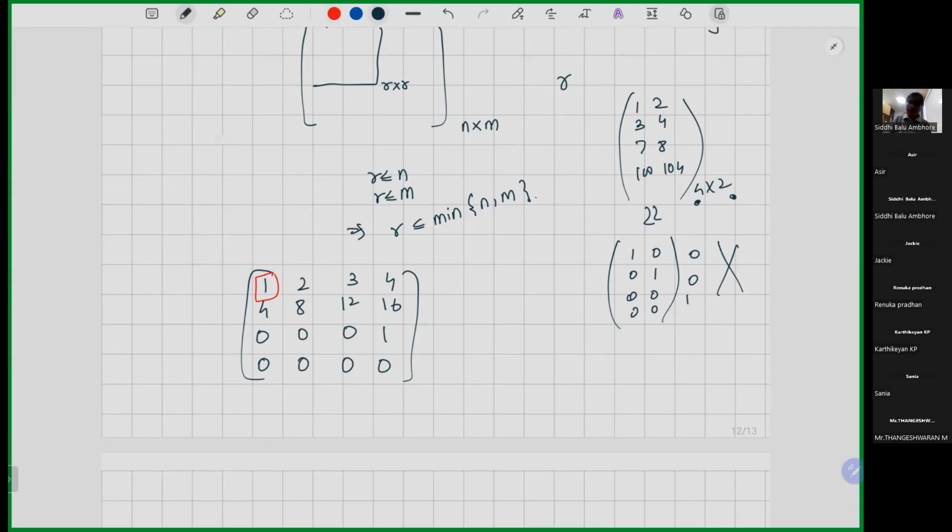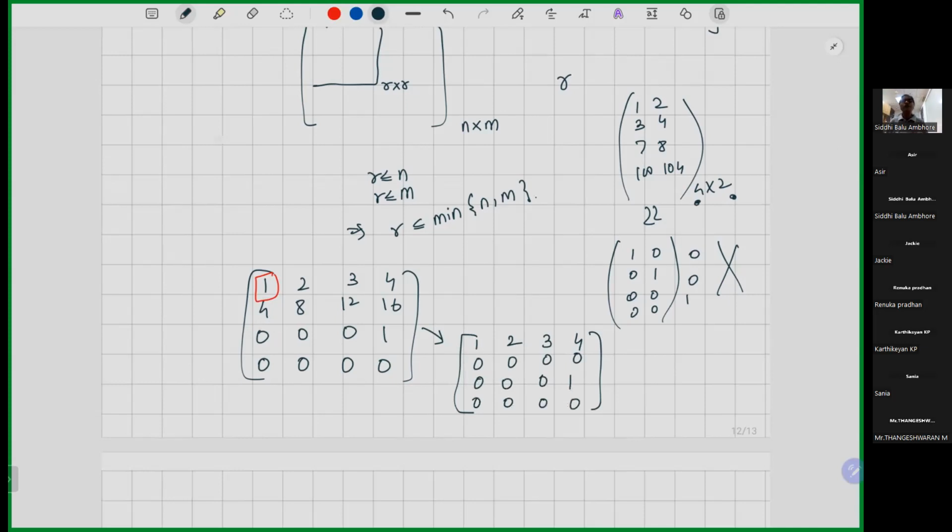So I first have to obtain a matrix in row echelon form and then check the number of non-zero rows. I want to make this 4 to be 0, and when I do that I will get 0, 0, 0 here. I will do R2 minus 4R1, and this is what I will get: 0, 0, 1 and this 0, 0, 0, 0.